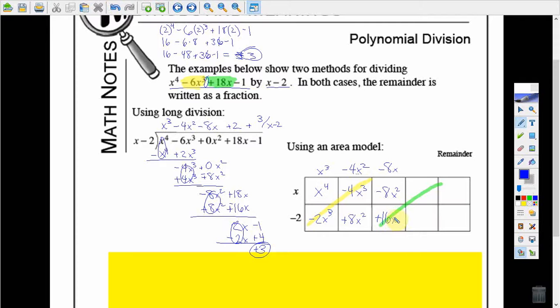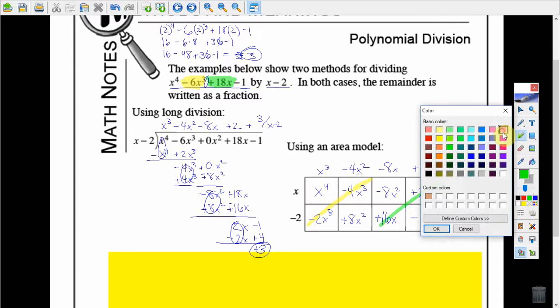Now we're into our linear terms, our x to the 1st, which have to add up to 18x. So this must be plus 2x. And in order to get 2x in the box, we have to multiply 2 times x, which makes this negative 4.